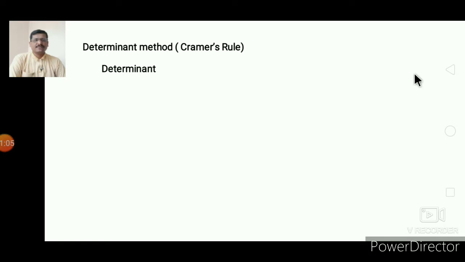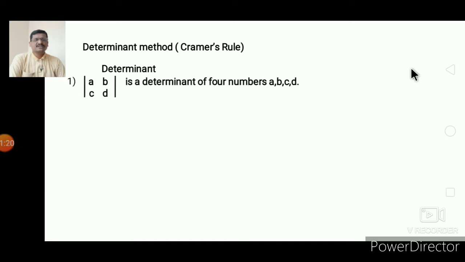What is meant by a determinant? A determinant contains four elements which are arranged in a specific manner. For example, A, B, C, D are the four elements. This determinant contains two rows and two columns, therefore the degree of the given determinant is 2.